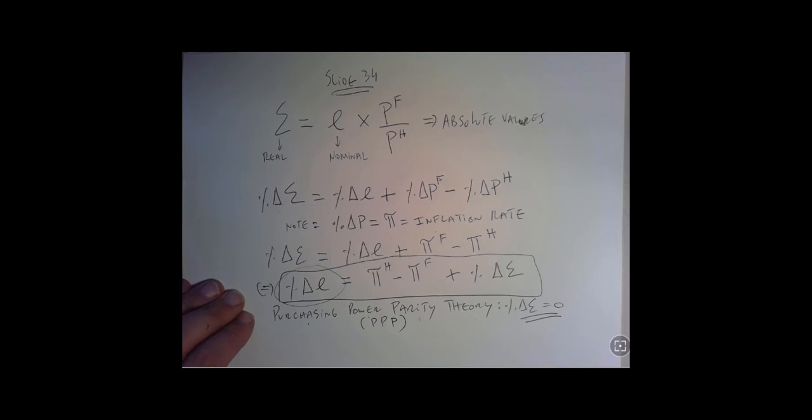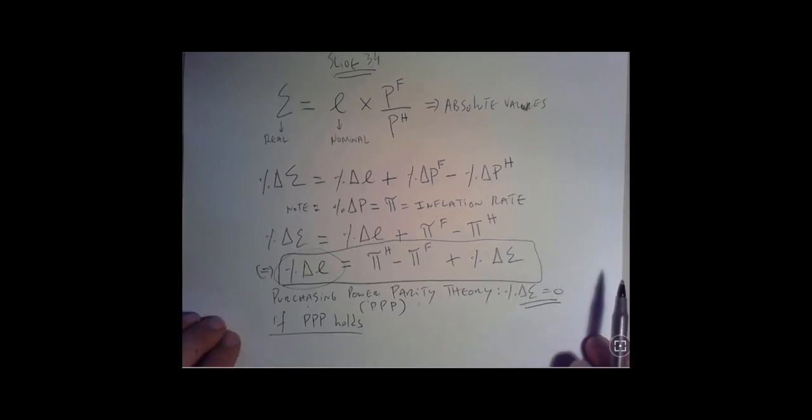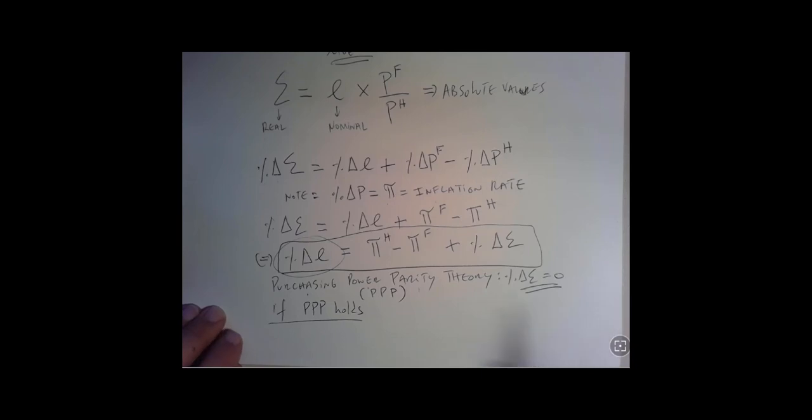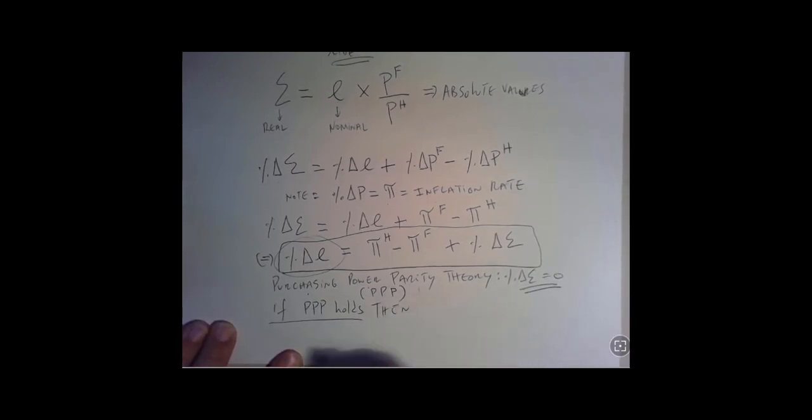And if the purchasing power parity holds, or if we are told to simulate assuming that the purchasing power parity holds, then we would conclude that the percentage change in the nominal exchange rate is fundamentally driven by the difference between the home inflation and the foreign inflation.